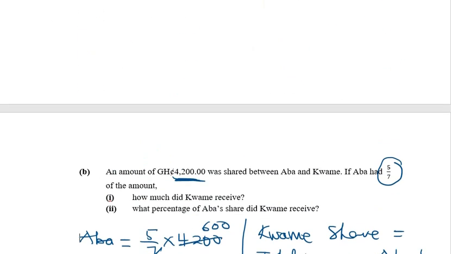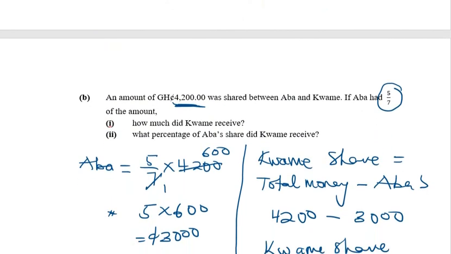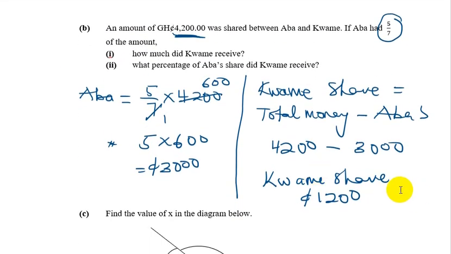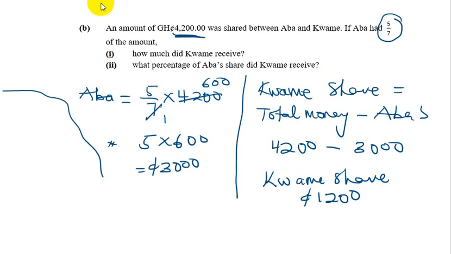Now it says what percentage of Abba's share did Kwame receive? So I'll solve that one somewhere here, because I don't want to go down plenty.